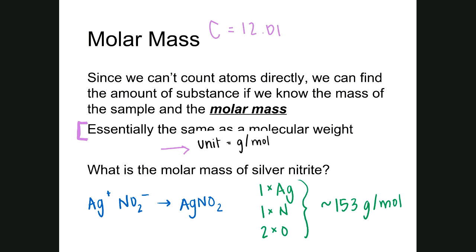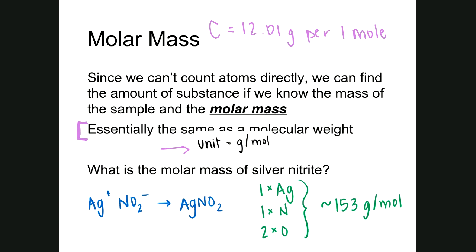And so usually we would say that that's 12.01 AMU. But here we're saying that carbon has a mass of 12.01 grams for every 1 mole. So that's our molar mass.